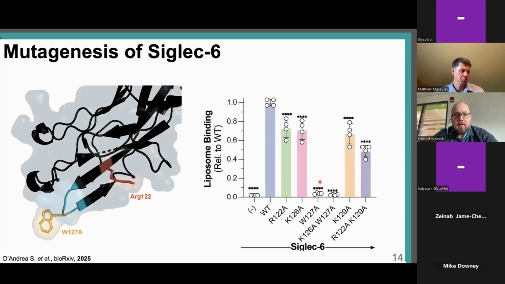So we realized that maybe this tryptophan is driving the binding between the glycolipid and the Siglec, but it's also mediated by the tryptophan binding to the bilayer, which is why in other approaches, such as glycan microarrays, that in our own hands, we've never got Siglec 6 to work. That is why the binding might have been hard to see in the past. And if you want to learn more about this work, it's on the bioRxiv. Please check it out.